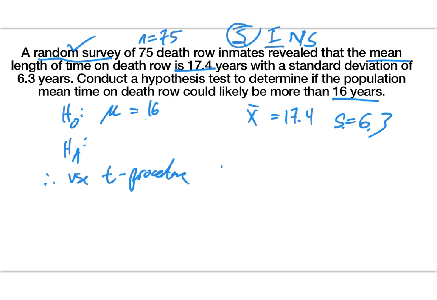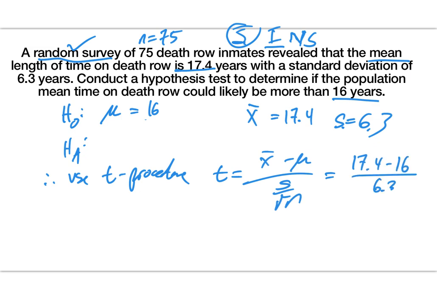So I'm going to write my formula. T equals x bar minus mu, all over s over the square root of n. T equals 17.4 minus 16, all over 6.3 over the square root of 75. And we want to determine if the population mean time on death row is more than that. Draw my picture.